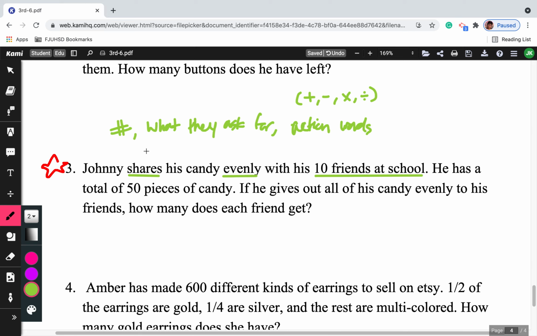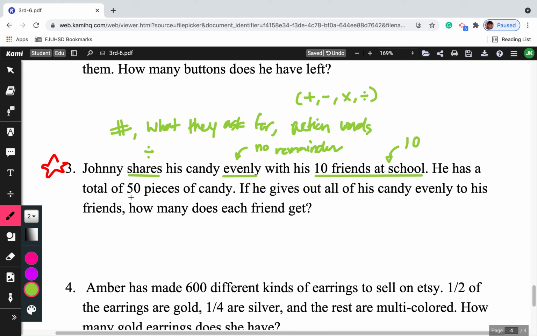Usually sharing leads to dividing because you're splitting a certain amount you need to a group. Evenly usually means no remainders because we know that even numbers have no remainder. So this has to have no remainder. This just means 10, probably the group that we're looking for.